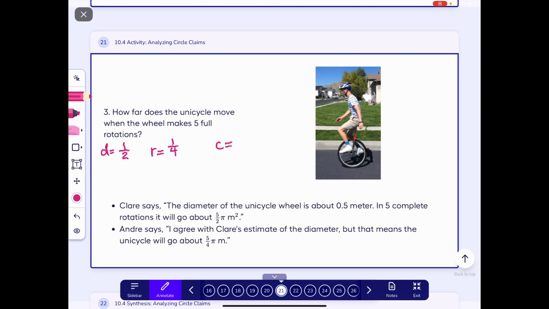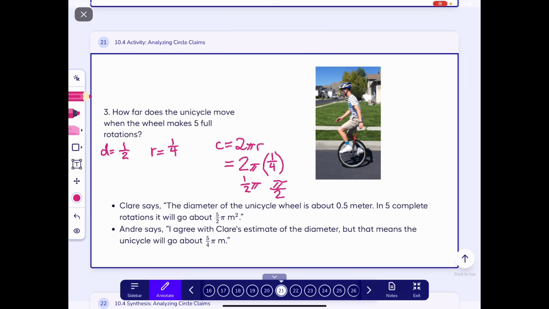Circumference is 2 times pi r, which is 2 times pi times 1/4. That's also pi times 1/2, which is 1/2 pi. 1/2 times pi can be simplified as pi over 2.